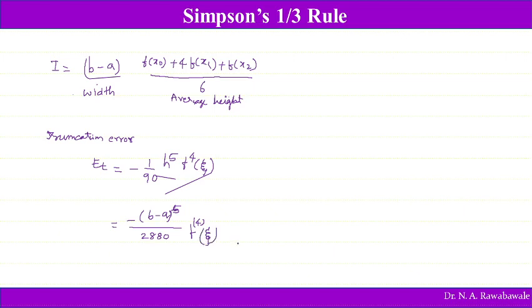So this is known as Simpson's one-third rule with a single stage, or simple Simpson's one-third rule.